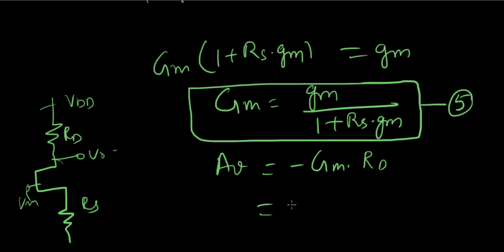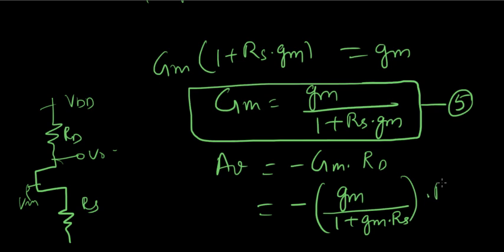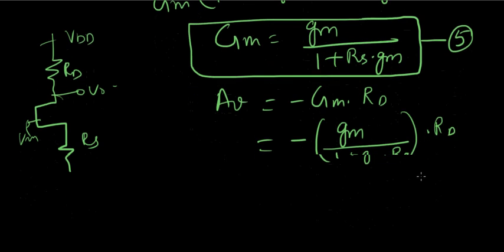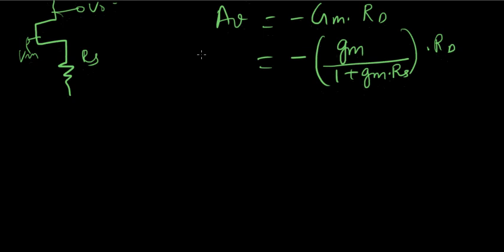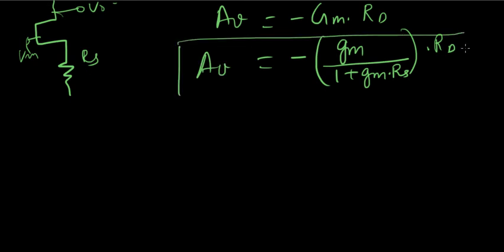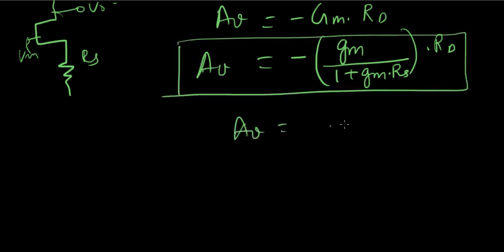So we get minus GM over 1 plus GM times RS times RD. So just think of what we have achieved here compared to this. AV is essentially delta V out over delta V in, and we've made that less dependent on GM and dependent on GM and RS.